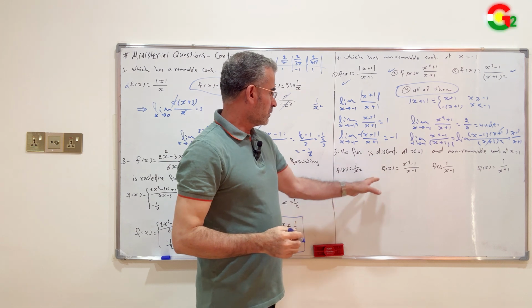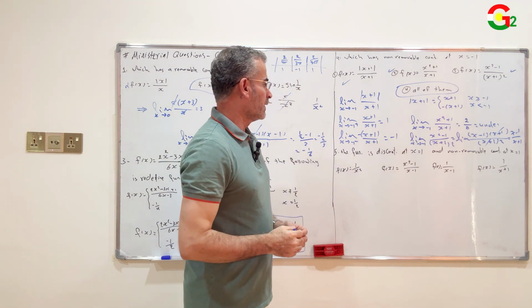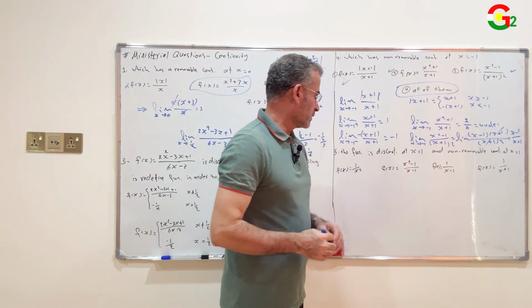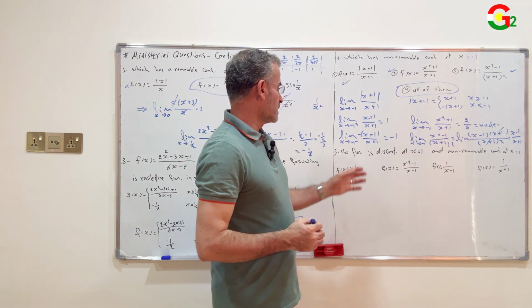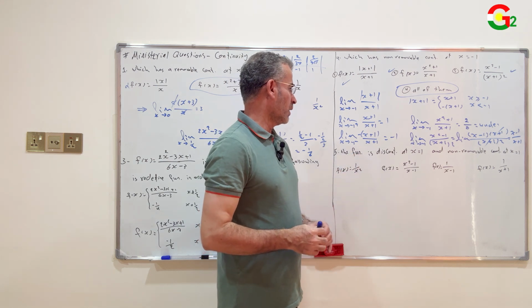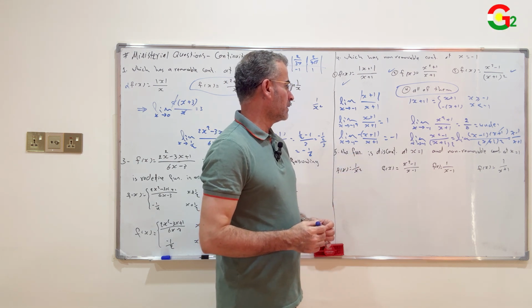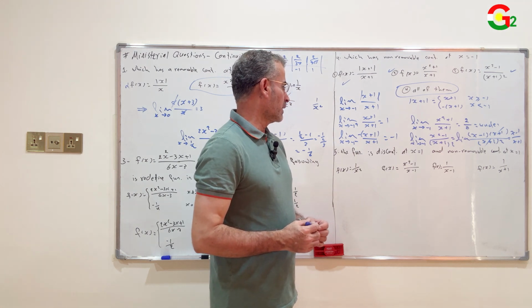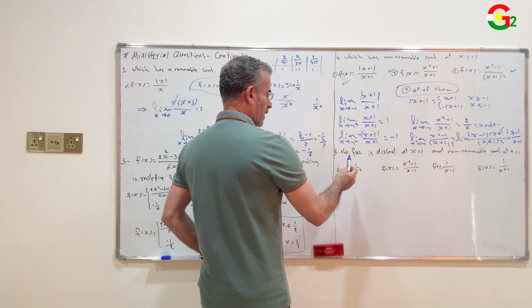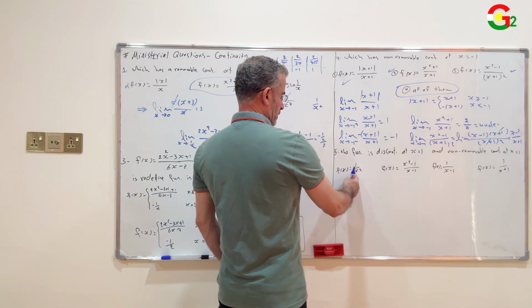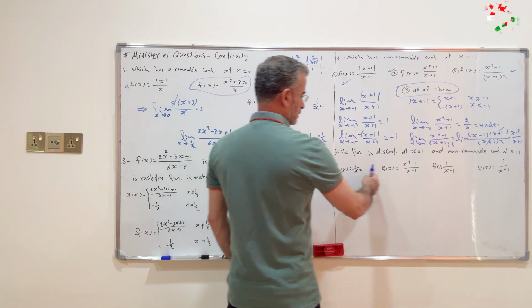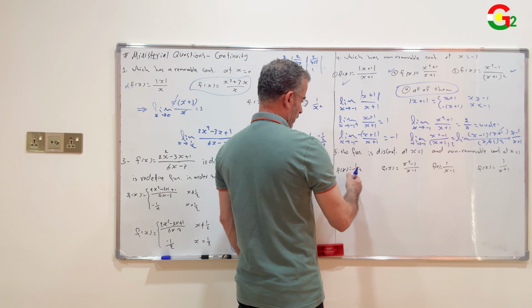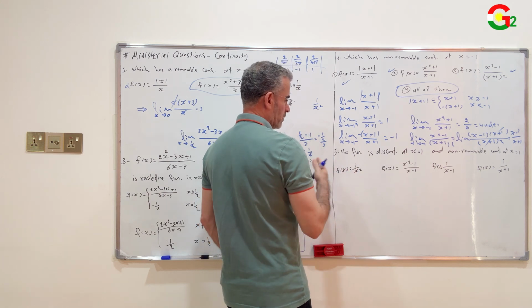The function is discontinuous at x equals 1 and has non-removable discontinuity at x equals 1. Which of these functions has discontinuity at x equals 1 and non-removable discontinuity at x equals 1? This function is continuous at 1, so I'll leave it, because the value of f of 1 exists and the limit also exists.